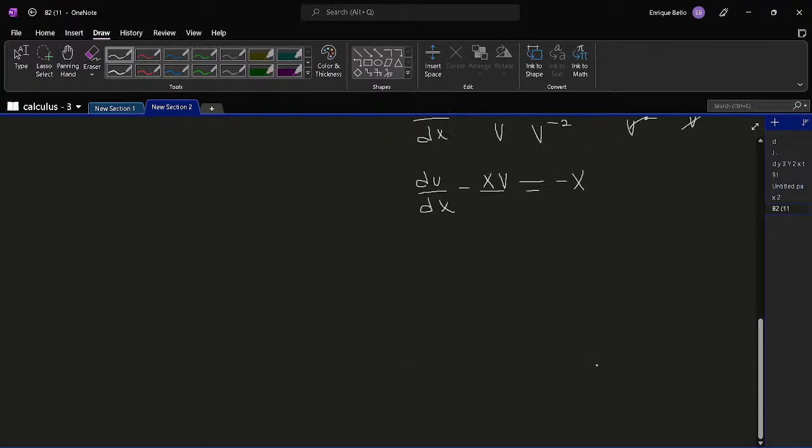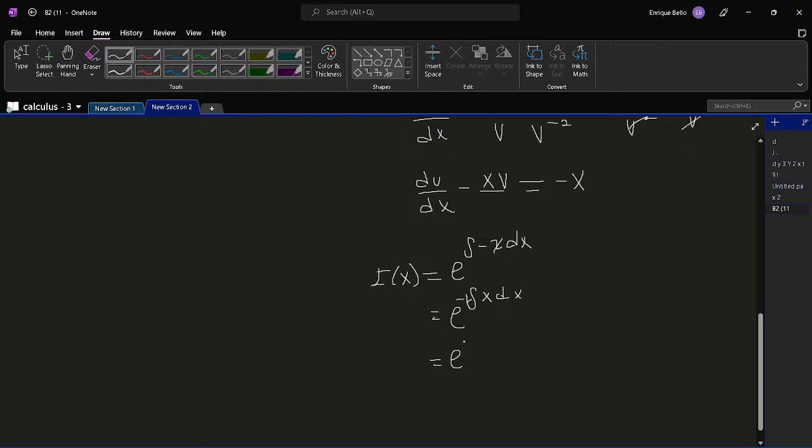do it through the integrating factor. So I of x is gonna be equal to e to the integral of minus x dx, I guess, and then it's gonna be equal to e to the minus 1 times the integral of x, which is gonna be x squared over 2.